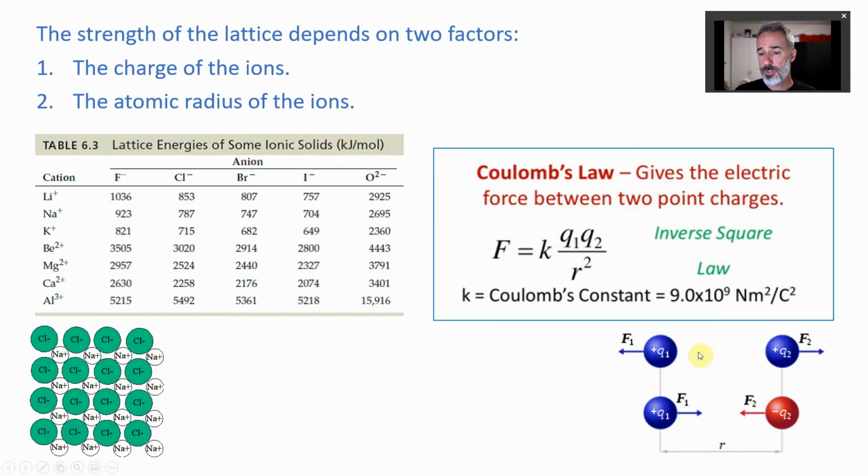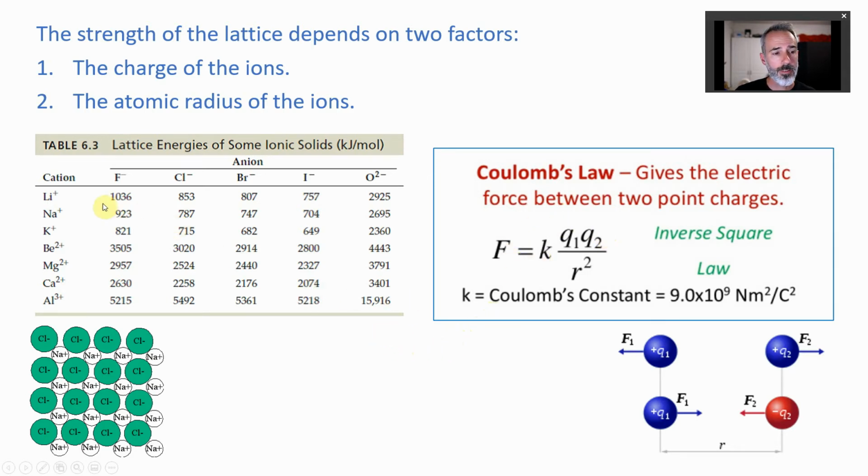If you had two similarly charged ions, which obviously we wouldn't be talking about a compound, but you could imagine two electrons, both negative, you'd be calculating the force of repulsion between those two. Now you can see I've got Coulomb's law constant up here. That might imply that you're going to need to use Coulomb's law to calculate the force of attraction or repulsion. But that's never going to be true. I've never seen that on an AP test. You don't need to calculate it, but it's super useful for explaining some things.